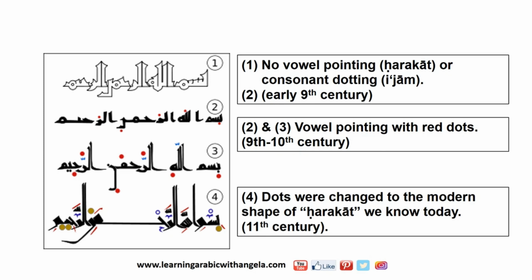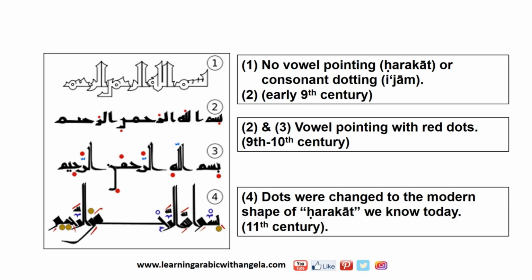Let's look at the timeline. Stage 1, early 9th century, script with no dots or diacritic marks. Stages 2 and 3, 9th to 10th century under the Abbasid dynasty. The al-Aswad system established red dots, with each arrangement or position indicating a different short vowel.